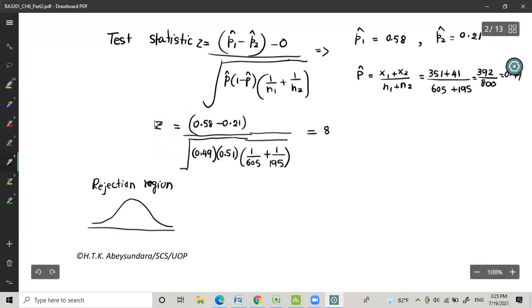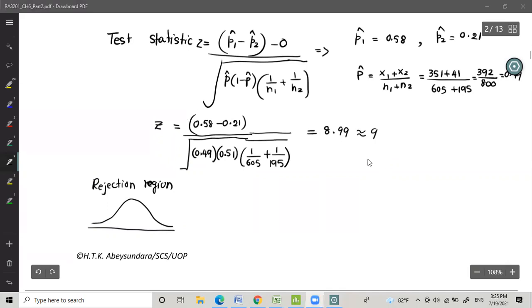It's 8.99. Okay, so you got 9.0, so that's okay. So let's go for 9, right? Due to rounding errors. So let's say it's 9. That's a very large number, so it doesn't matter. 8.99 or 9.02. Right. So let's say it's 9, right?